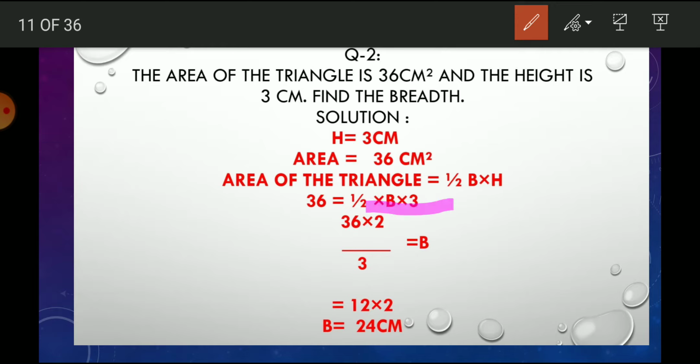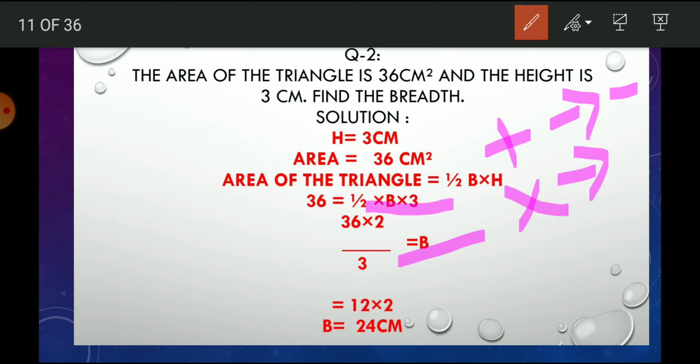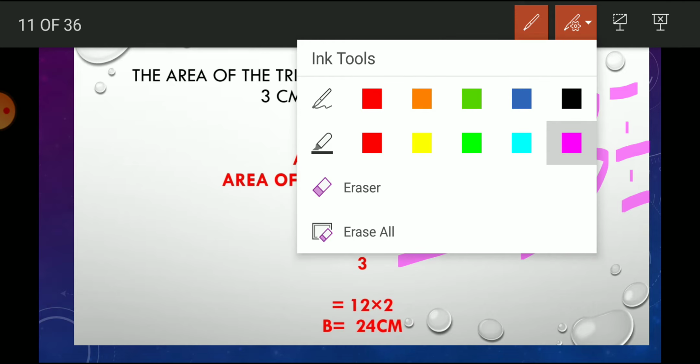See, the b is in a division, multiplication term. Now we just find out the value of b. So the remaining terms come to the opposite side, with the opposite sign. If the term is plus, it comes to the opposite side as minus. Minus comes to the opposite side as plus. If the term is multiplication, it comes to the opposite side as division. If it is a division, it comes to the opposite side as multiplication.